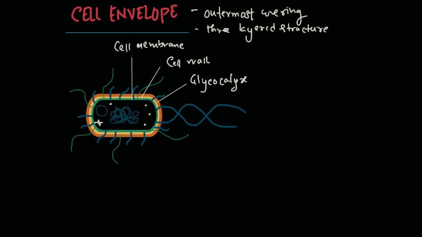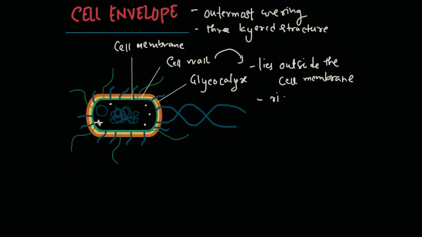Now we will discuss the cell wall. Cell wall lies outside the cell membrane or plasma membrane. So, as part of the cell envelope, the cell wall lies interior to glycocalyx and outside the cell membrane.